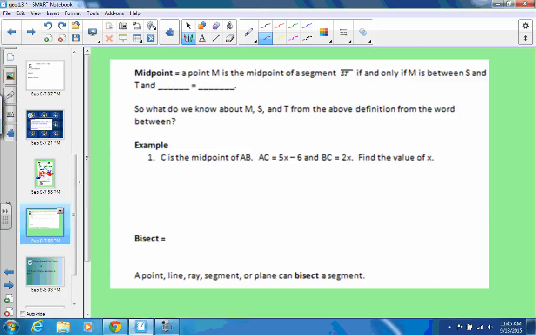The next term is midpoint. The definition is there. We're going to fill in a blank here.